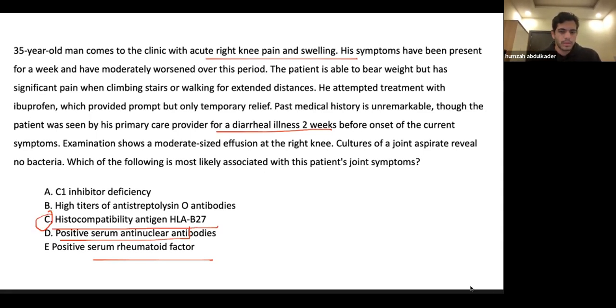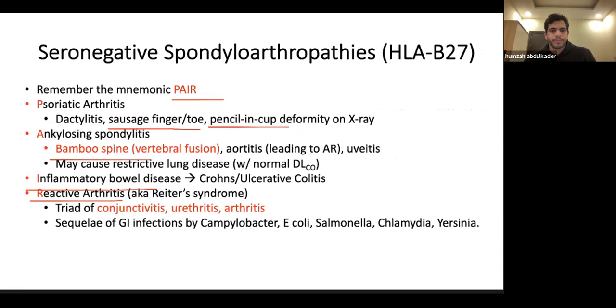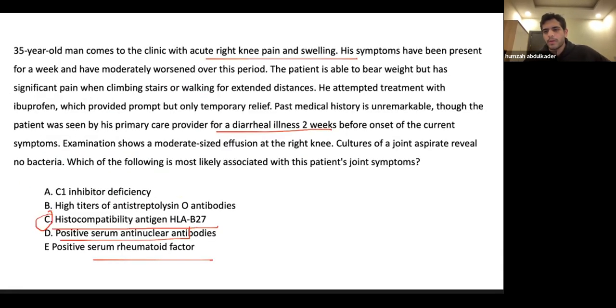I hope that's clear. Okay. And again, in the PowerPoint, in the notes, I put the explanations behind why this is the right answer and why the other ones are wrong.